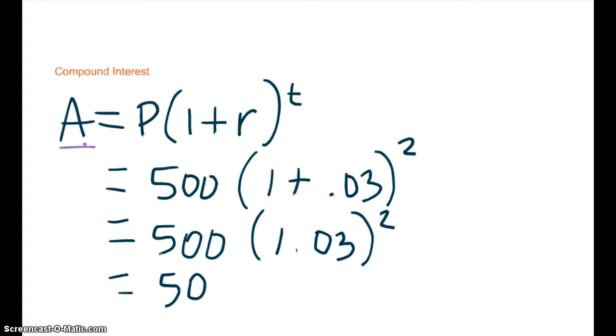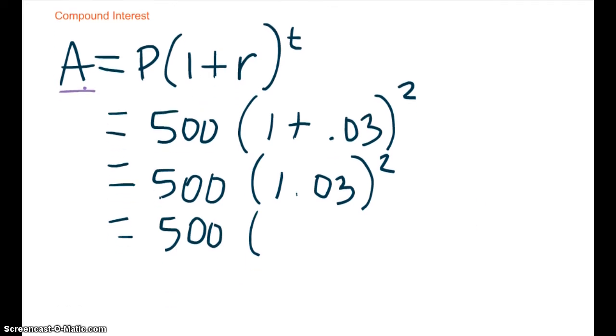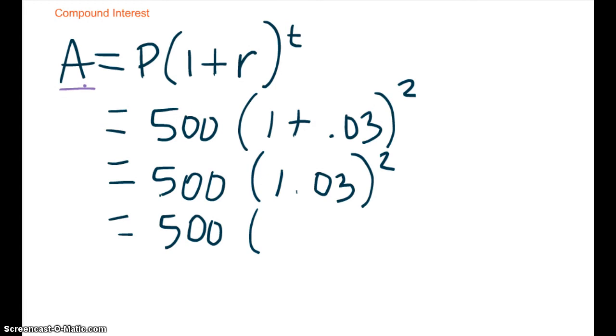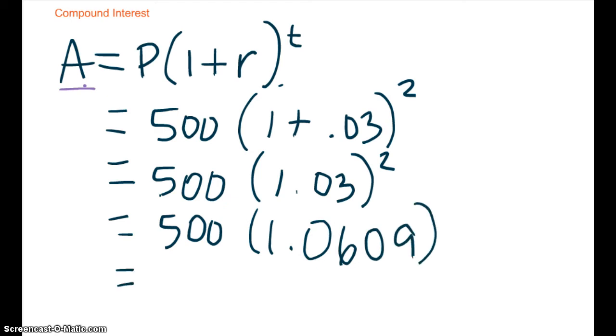So then $500 times 1.03 to the second power, again, remember, means 1.03 times 1.03, which is 1.0609. Now we have to multiply that by 500.